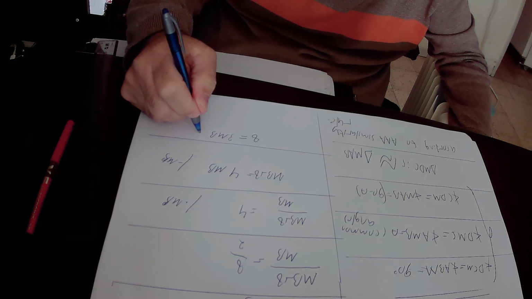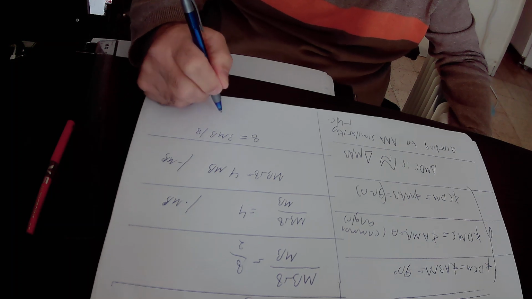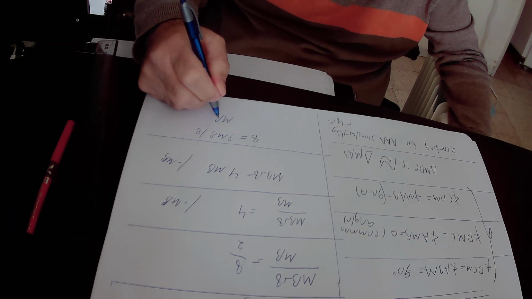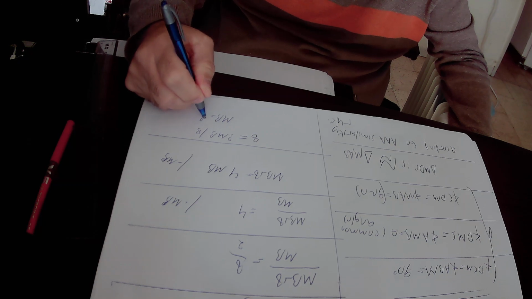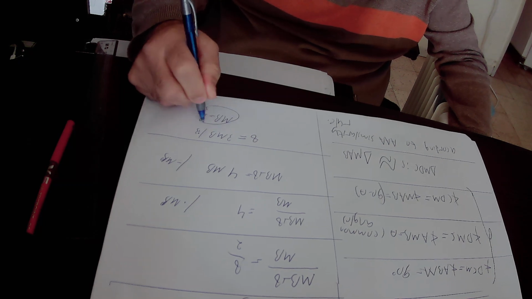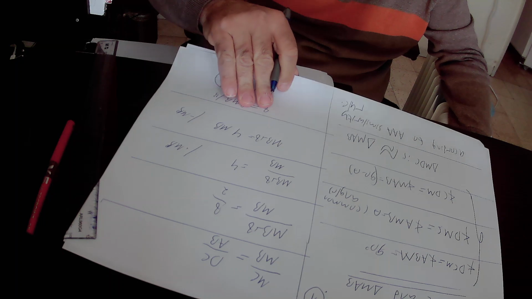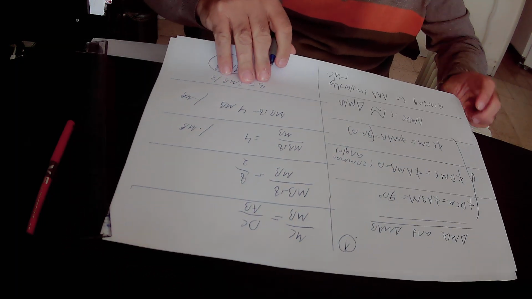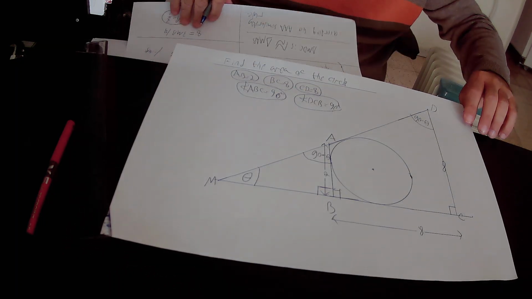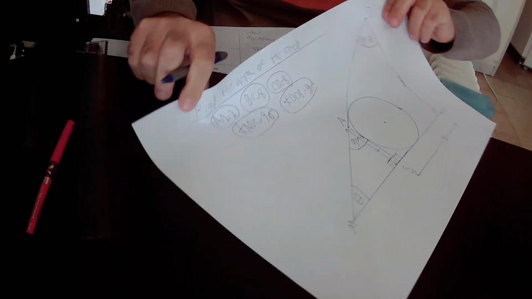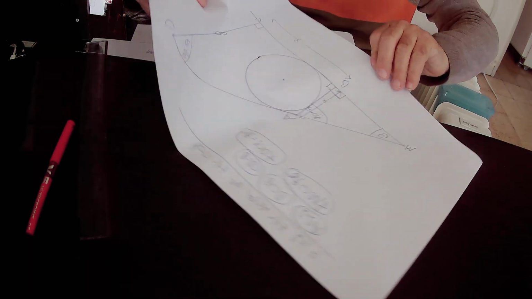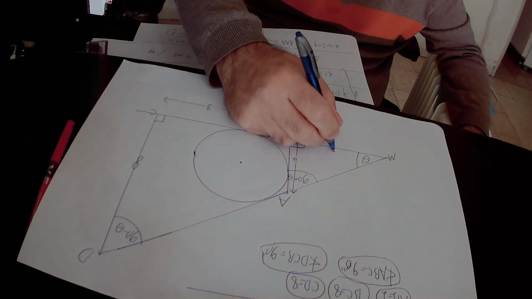We divide this equation by 3, and finally we get that MB equals 8 over 3 units. So I found out that this line segment MB equals 8 over 3 units in its length.